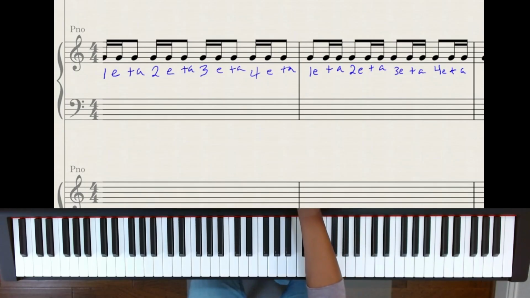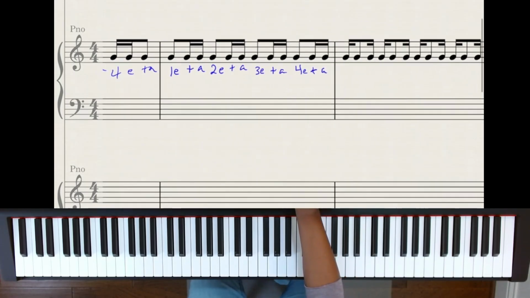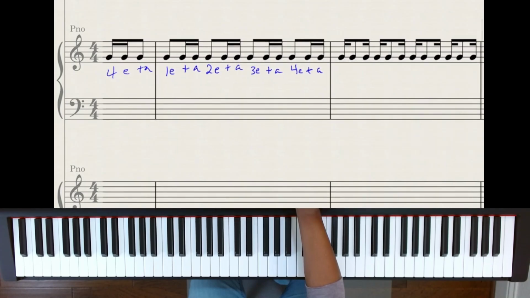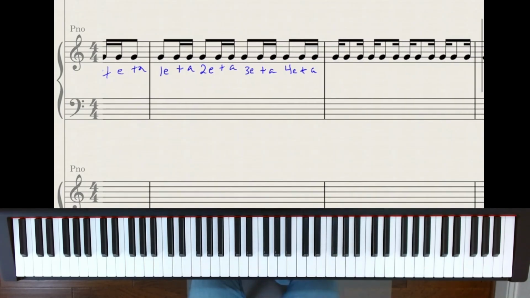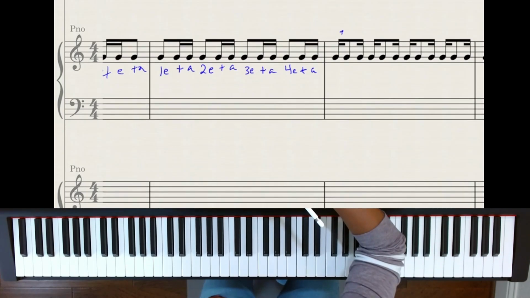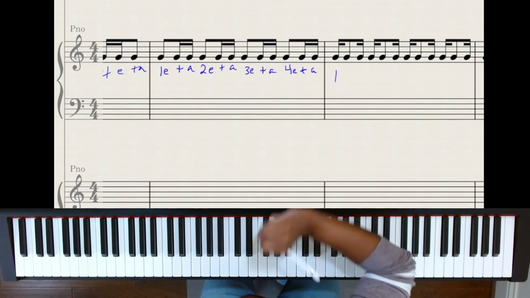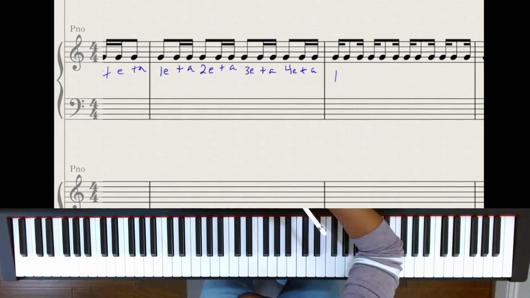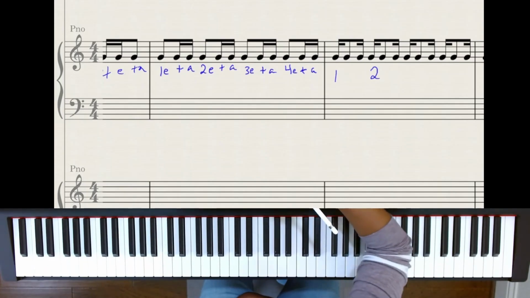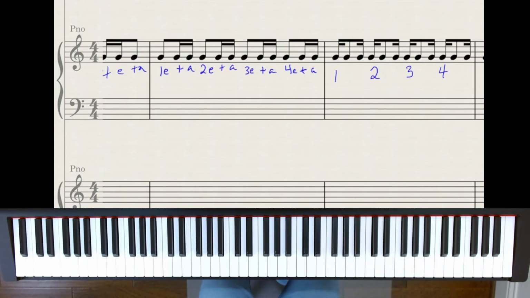All right. This last example looks complicated, but it's really not so bad. We have a 16th note beamed to an 8th note, beamed to another 16th note. We're going to number the first beat in each grouping: 1, 2, 3, and 4.